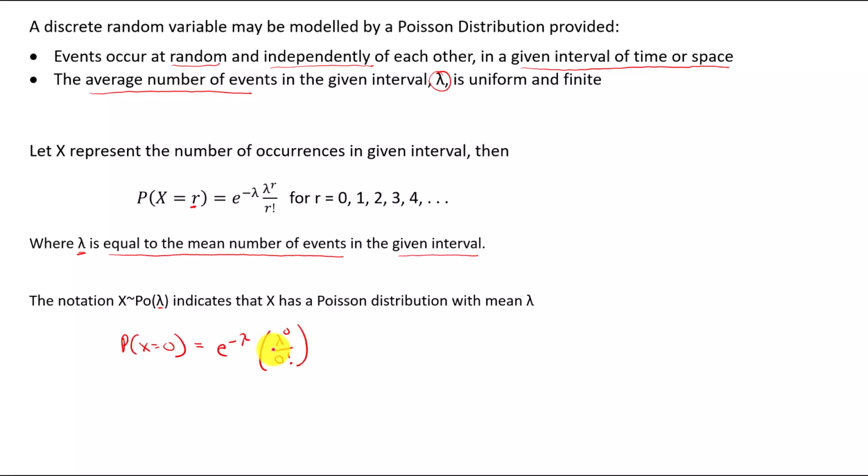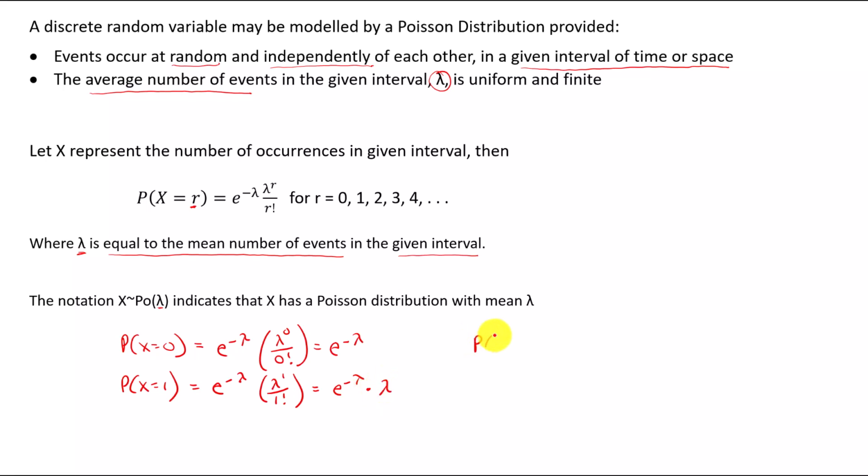This just becomes 1, so ultimately the probability that x equals 0 is just e to the negative lambda. If we wanted the probability that x equals 1, we would do e to the negative lambda, and then lambda to the first power over 1 factorial. Anything to the first power is itself, and 1 factorial is just 1, so this becomes e to the negative lambda times lambda.